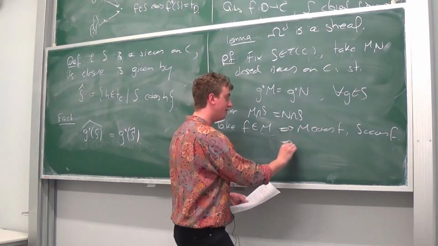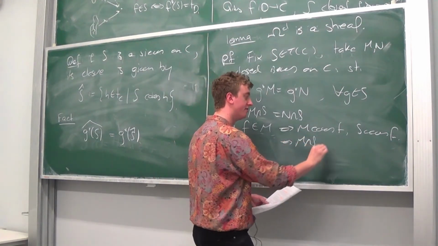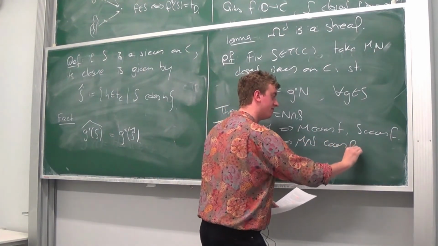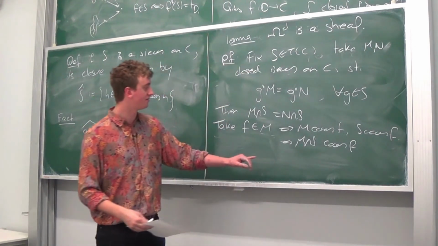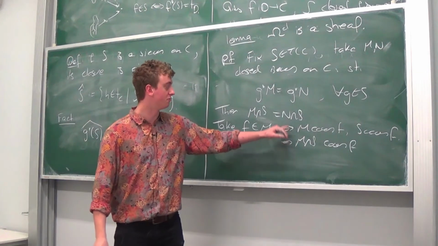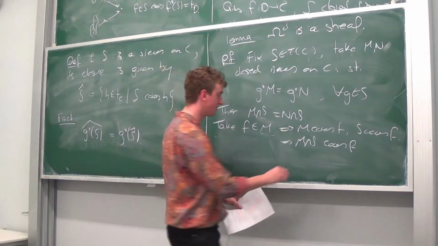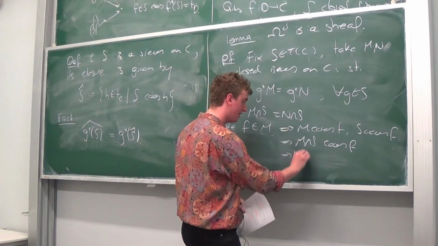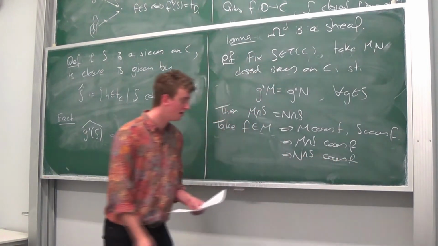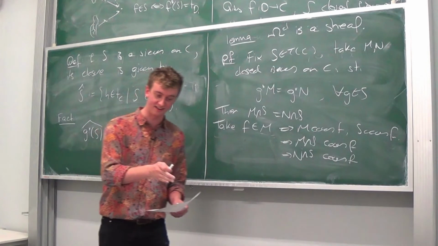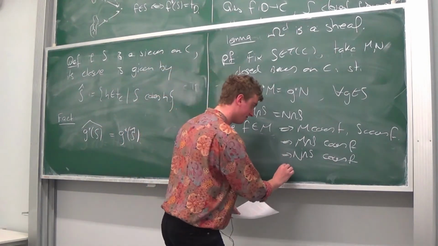This means then that M intersect S covers f, because both of them do. But now by hypothesis, M intersect S is equal to N intersect S. So this means that N intersect S covers f. But then since N covers N intersect S, N also has to cover f.